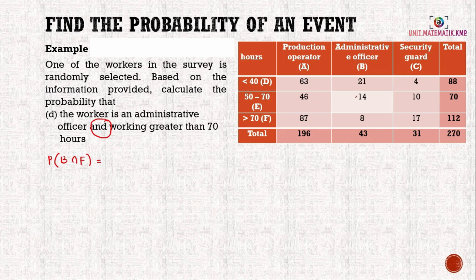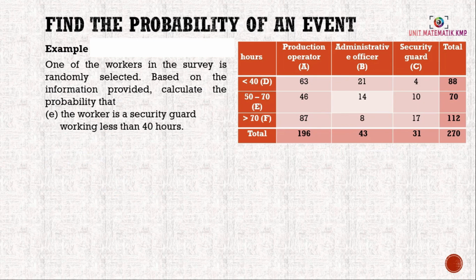So yang mana yang intercept dengan F? So this one dan juga F. So sini adalah dia punya intercept. Jadi awak akan dapat 8 per 270. So simplify, awak akan dapat 4 per 135. Okay. So yang dekat tengah ni semua intersection.